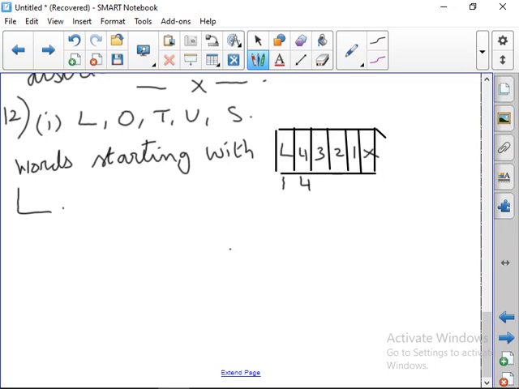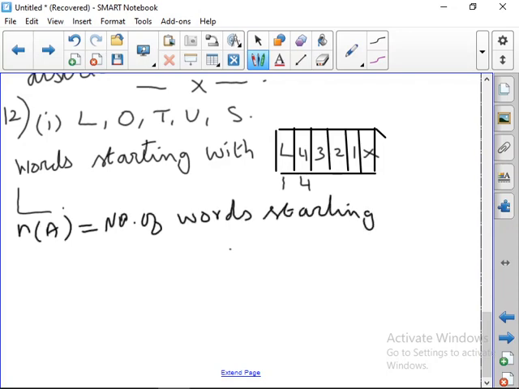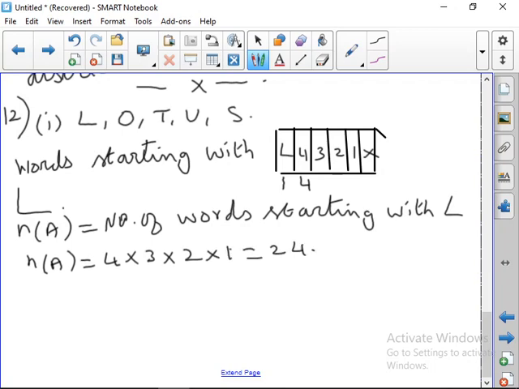So we'll consider n of A as the number of words starting with L. n of A is equal to 4 into 3 into 2 into 1, which is equal to 24. Yes? Okay, so L can be filled in only one way. The remaining I have explained to you.